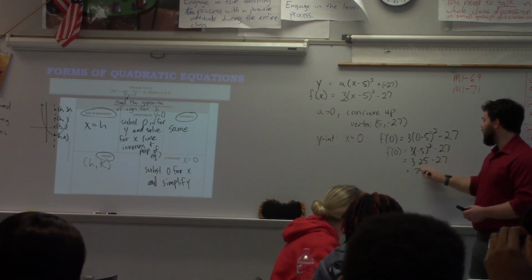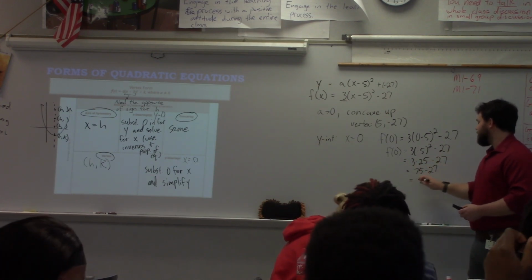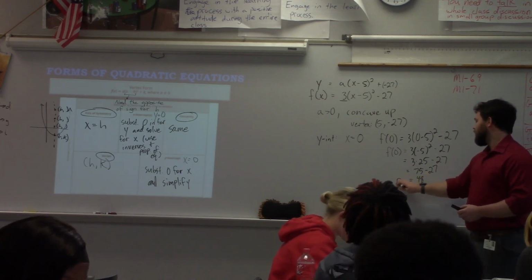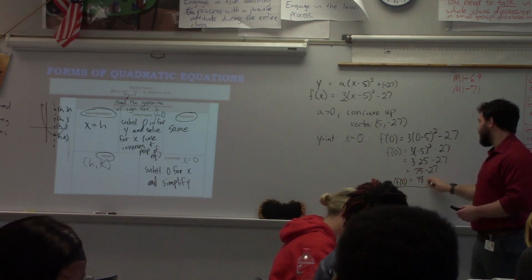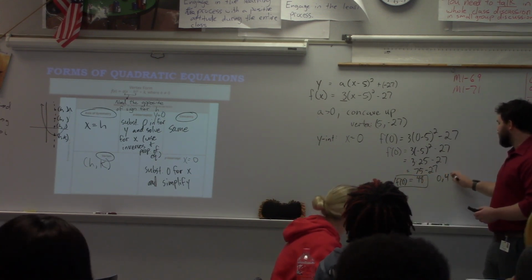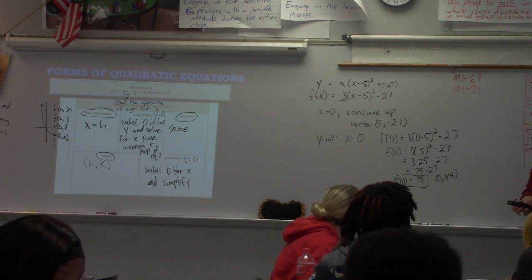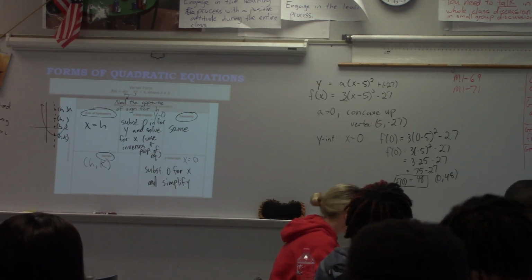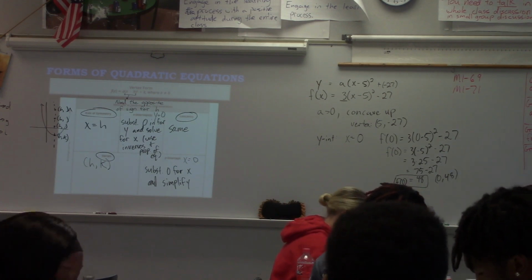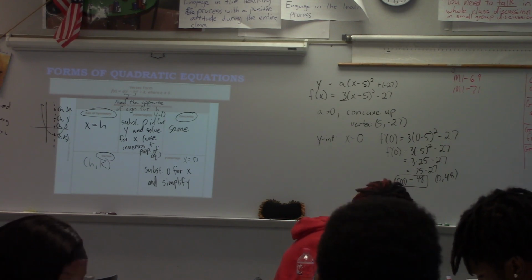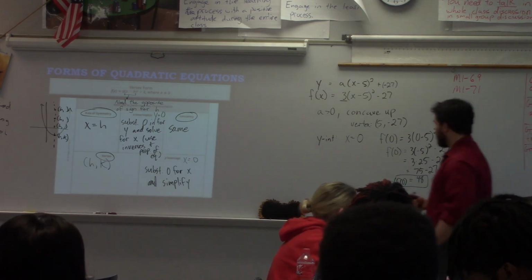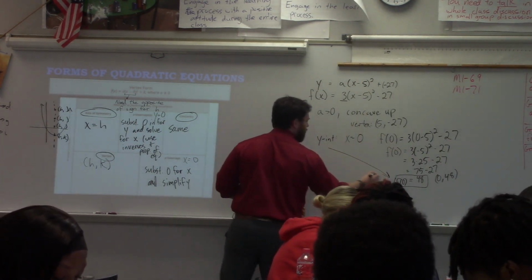Do not forget to follow the correct order of operations. So my y-intercept is (0, 48). That's a pretty big y-intercept. Okay, do I need to clarify any of those steps I used to simplify there? And I'm not expecting you to be super quick with this yet, it's just a quick example. So there's my y-intercept.